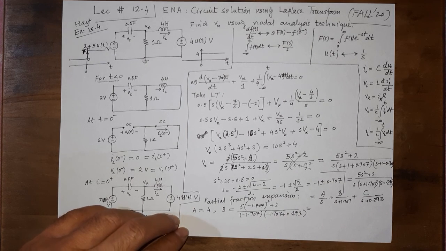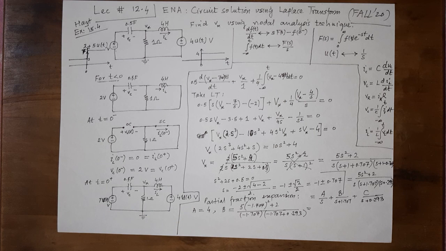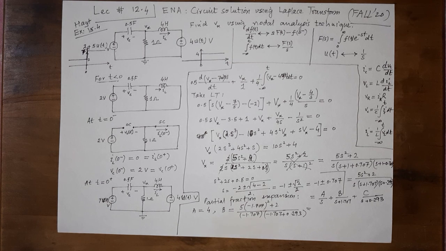Let me use the calculator on the laptop. So we get 1.707 minus 0.293. This is 1.414. 1.414 into 1.707 would be 2.414. 2.414 would be actually positive, because this is negative, this is negative, this is positive.